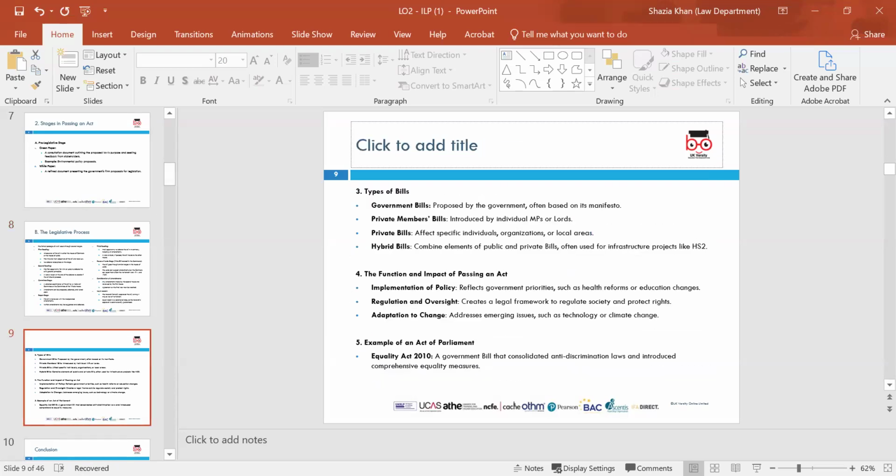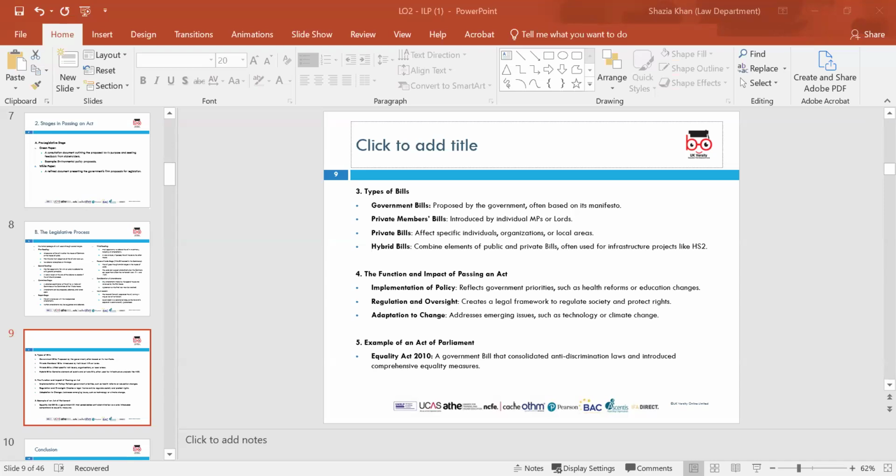So we've got different types of bills here as well. You've got government bills that are proposed by government based on their manifesto. You've got private bills, which change the law for a limited set of interests, such as a single organisation or an individual. And then you've got the public bills as well.